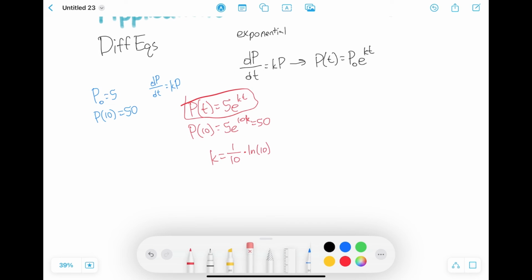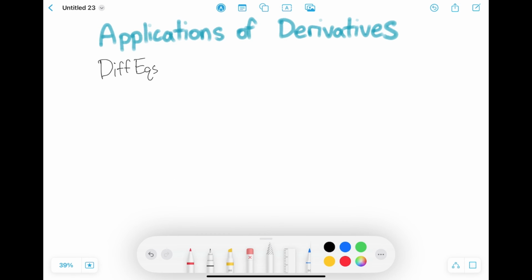The more complicated differential equation is going to be what's known as the logistic function. And if you've taken AP Bio, for instance, you may recognize the name logistic function as the S curve.